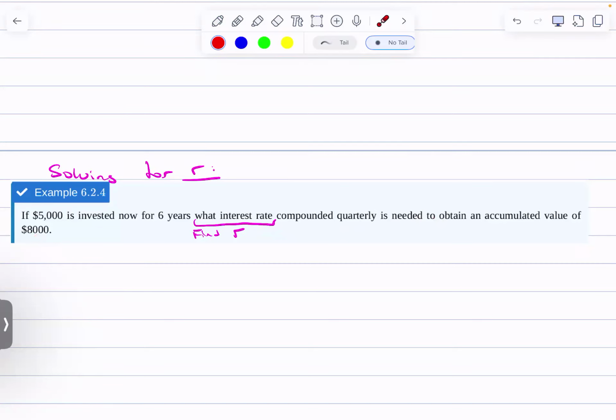Just like we did with T, I'm going to show you how you massage the formula, but as long as you're okay jumping in saying, hey, I need to find R, where's that formula for R, and using it, that's great.